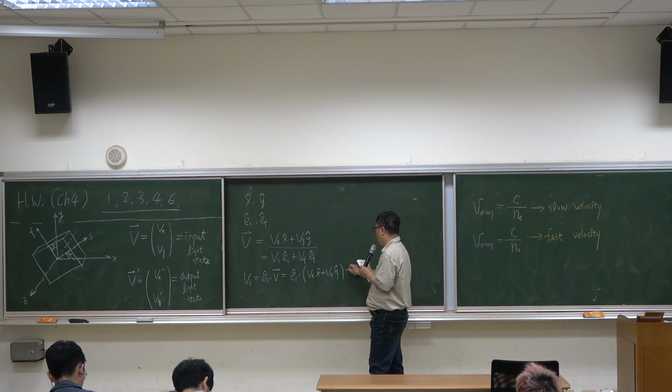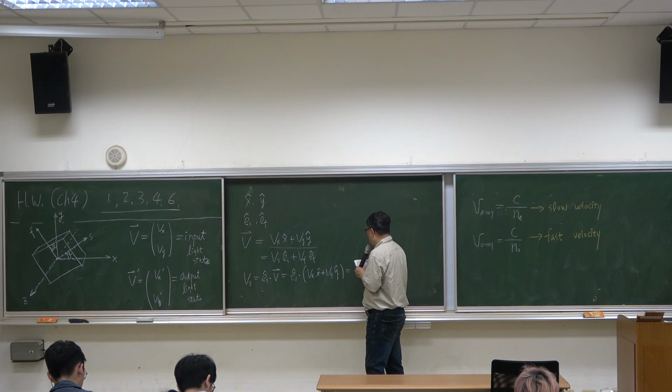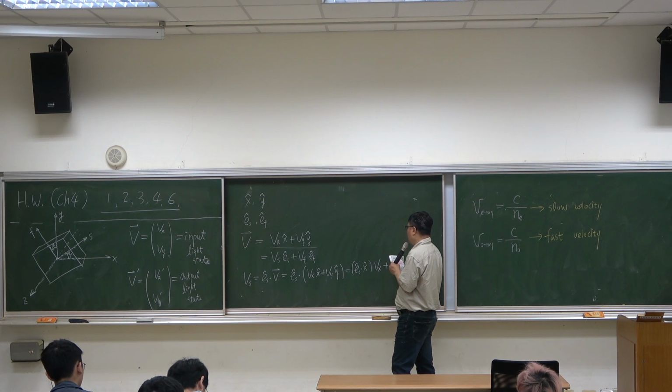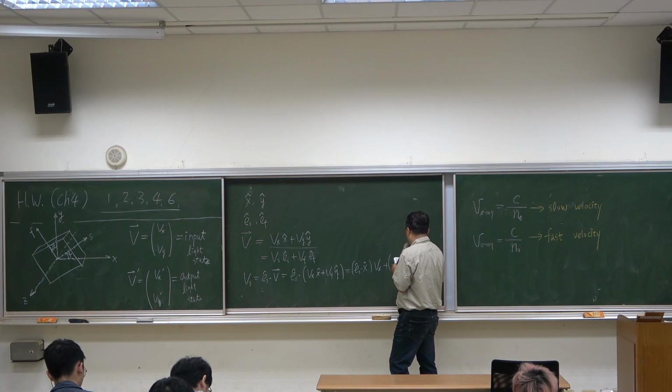So I get Es dot x times Vx plus Es dot y times Vy.